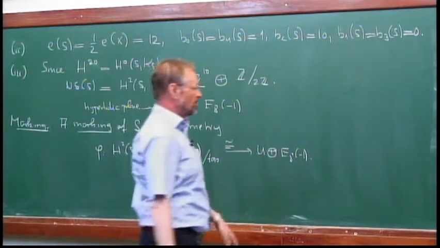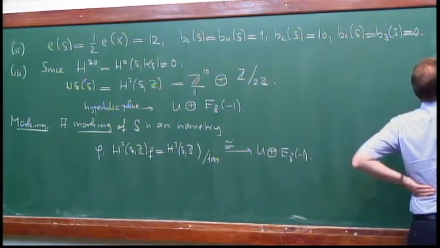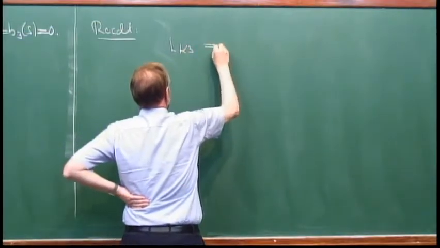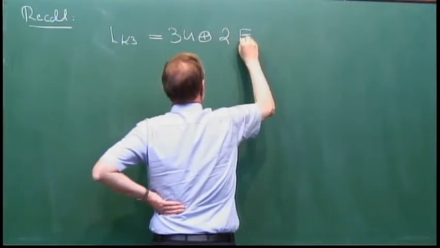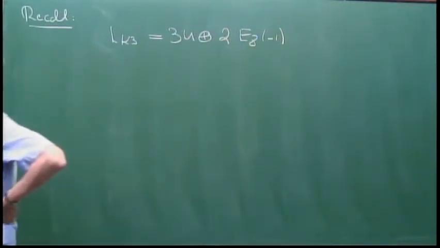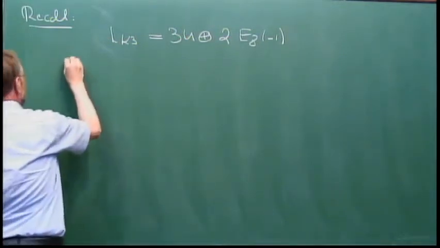So let me recall, because you know this, that the K3 lattice is 3 copies of U and 2 copies of negative E8. And to relate the markings of Enriques and K3, I want to introduce an involution on the K3 lattice.